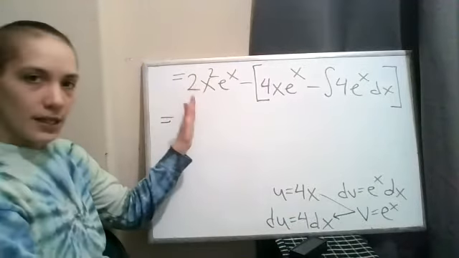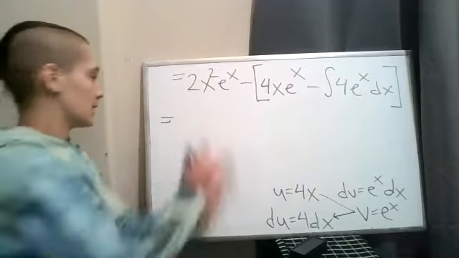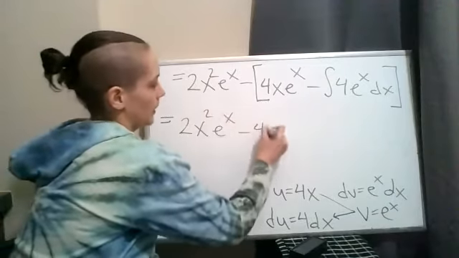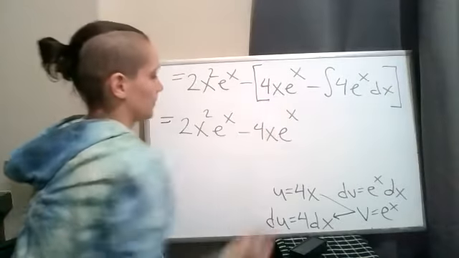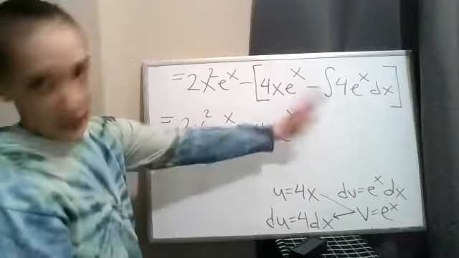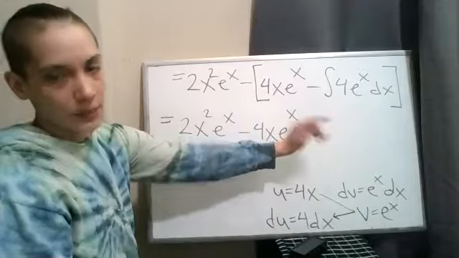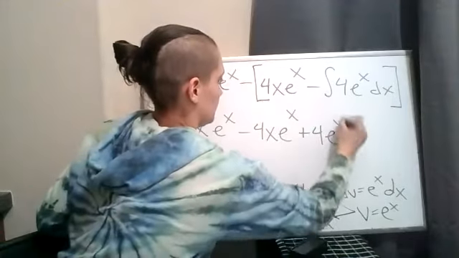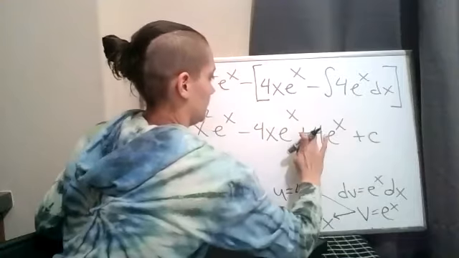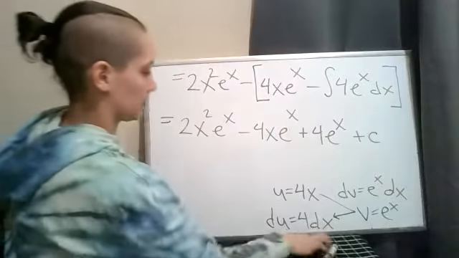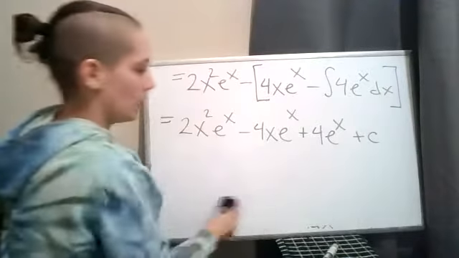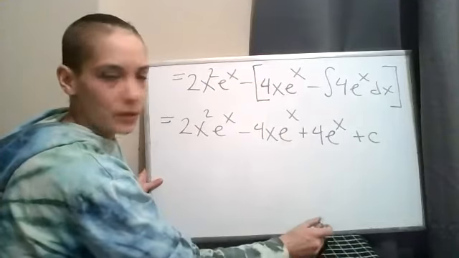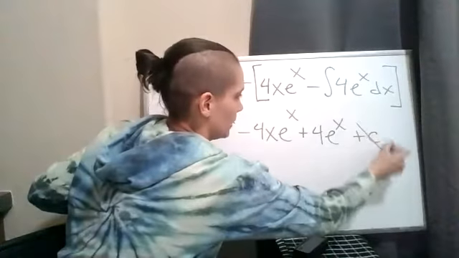Okay, then we have 2x squared e to the x minus 4x e to the x plus 4 e to the x plus c. Oh, actually, since we need to evaluate the integral, we're not going to put plus c.